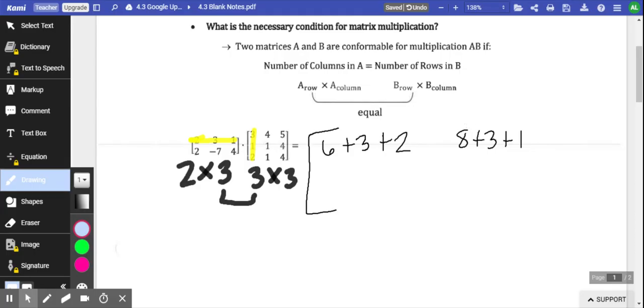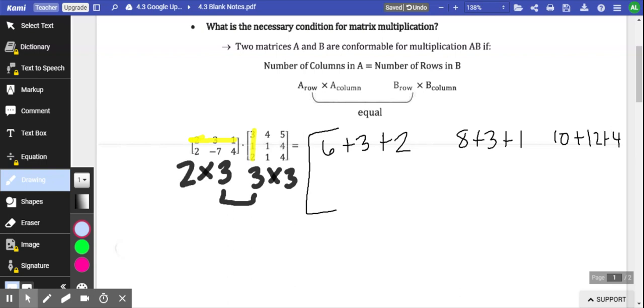And then to find the third element, you're going to do 2 times 5 is 10, and 3 times 4 is 12, and then 1 times 4 is just 4.